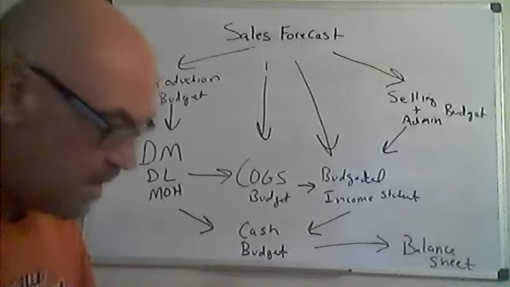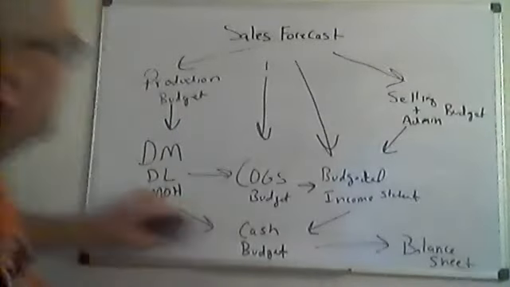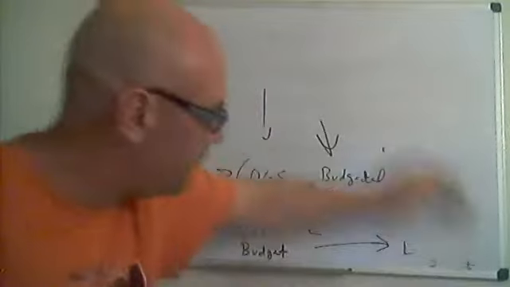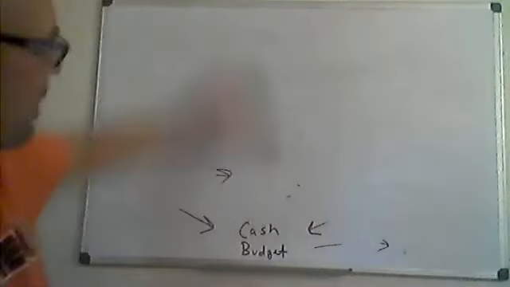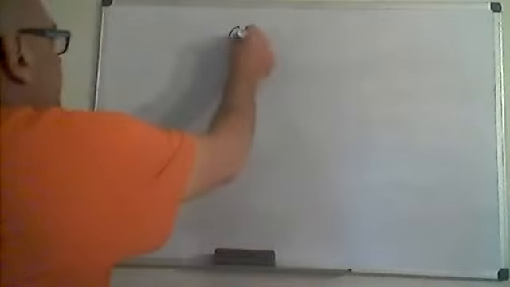A simple cash budget is shown on slide 24. If you want to pull that up, I'm sure it's in your book also. So I'm not going to write a full cash budget out.